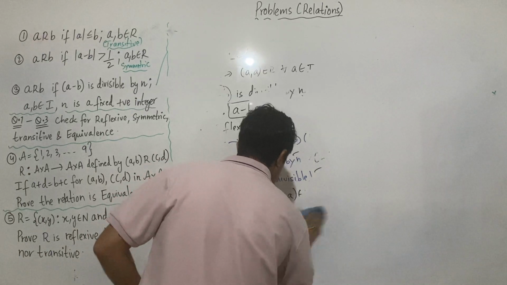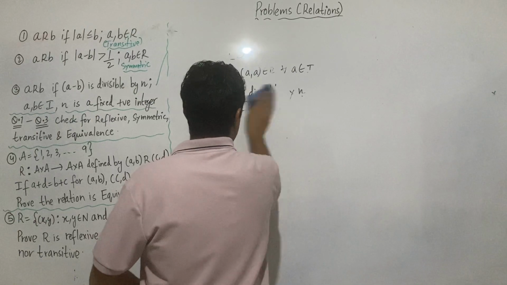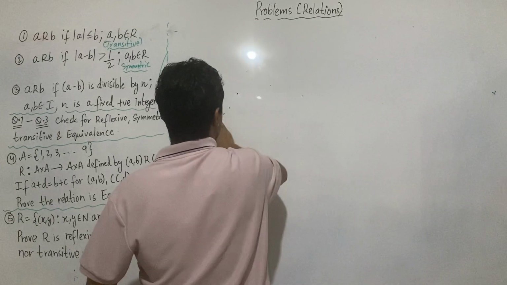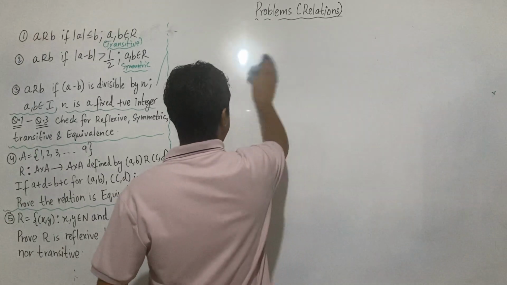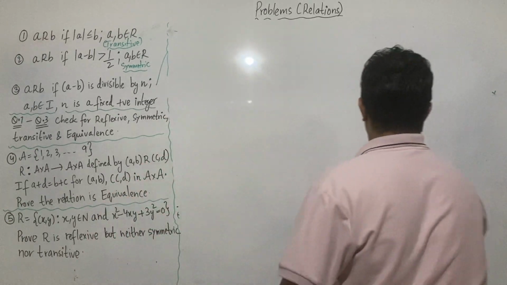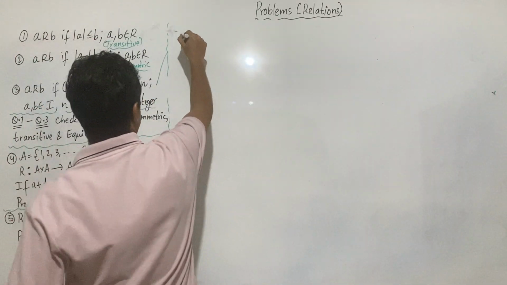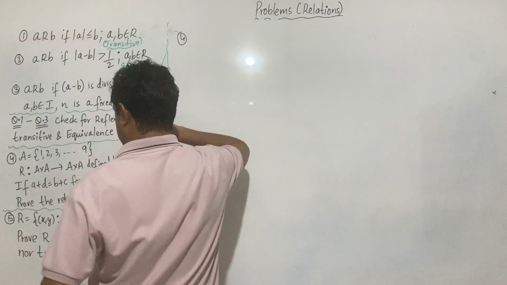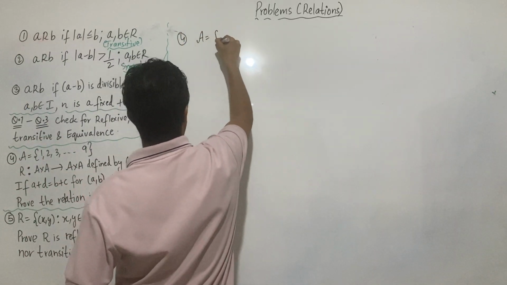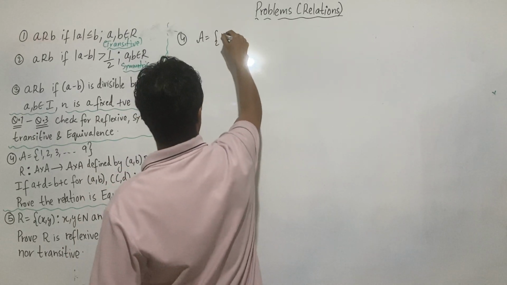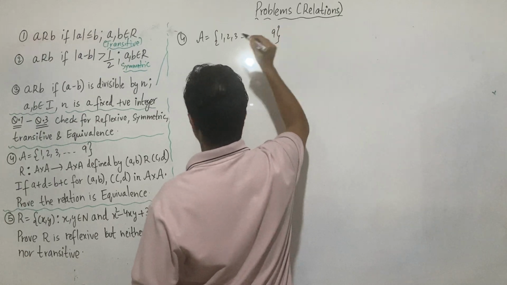So the next one says number 4. What we are given is a set A, and here we have 1, 2, 3, and so on up to 9, right?